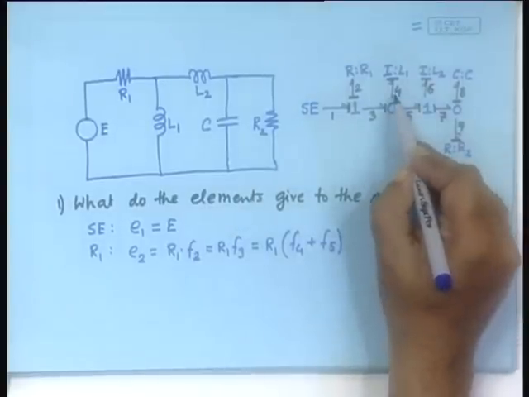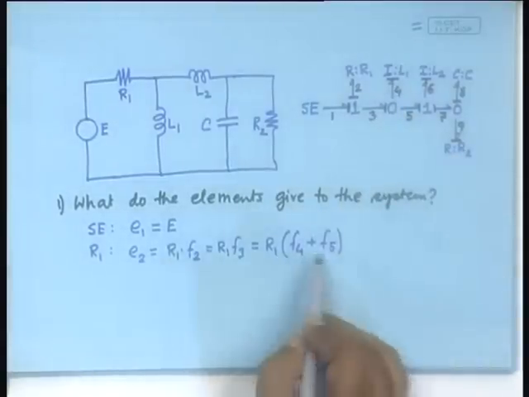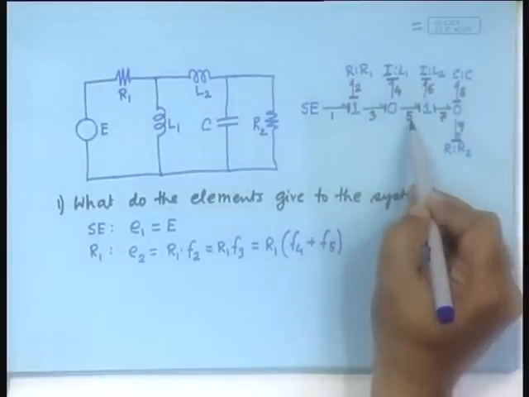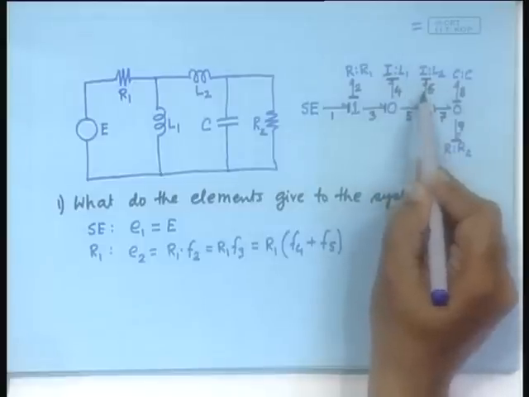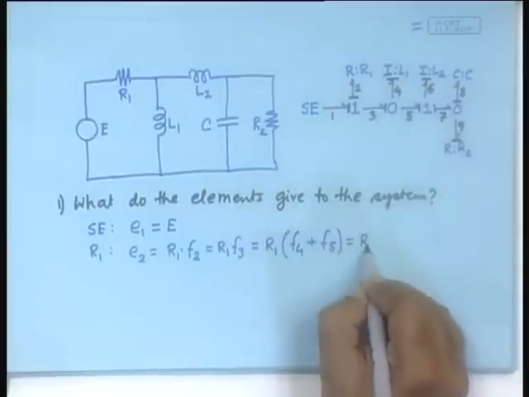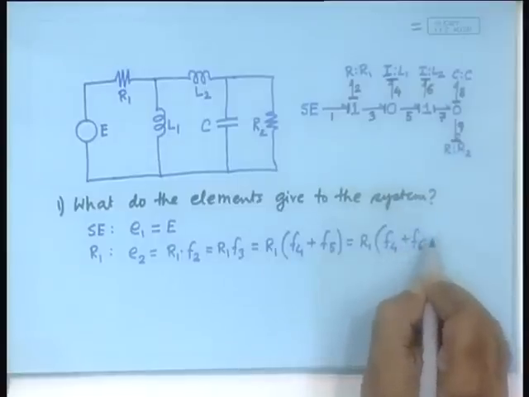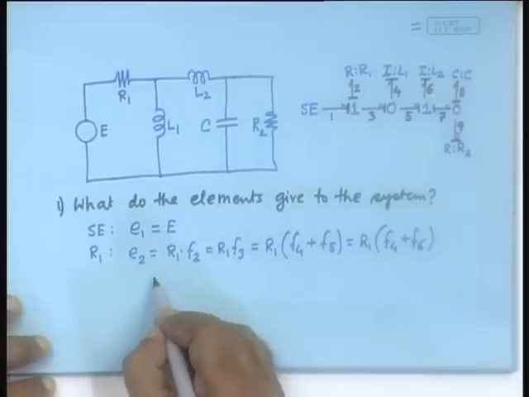Now, F4 is known. Why? Because it is a state variable. So, we are through. F5, what is it? F5 should be coming from somewhere, and F5 is coming from this bond, F6. So, it is R1 times F4 plus F6 actually. Now, we can write the things properly.